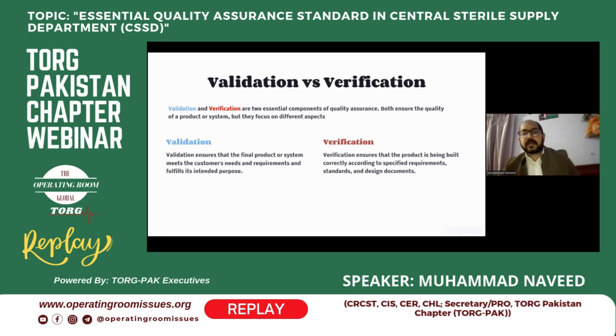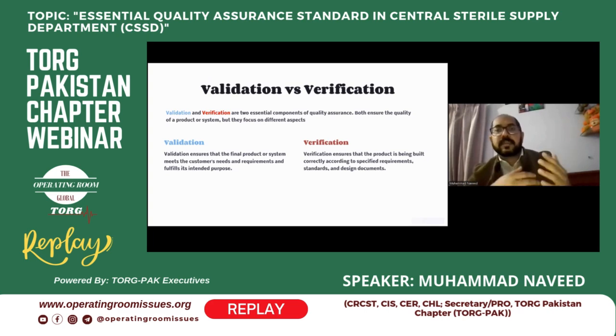We have to run the daily routine cycles and indicators. We are using the indicators for quality assurance, to validate that the machine is working as per the manufacturer's instructions. Once the manufacturer instructs that the machine is working, it will achieve those parameters.